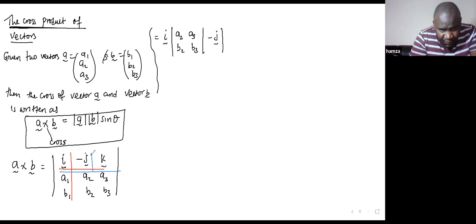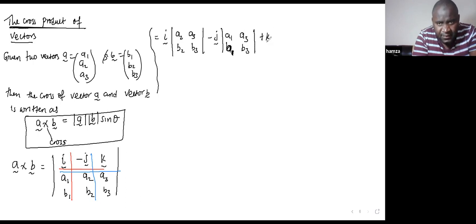Then we have the column of j here. So you forget anything that is in the j of k in the column of j, which is a1; I'll have here b1. Then I'll have here a3, and I'll have here b3.